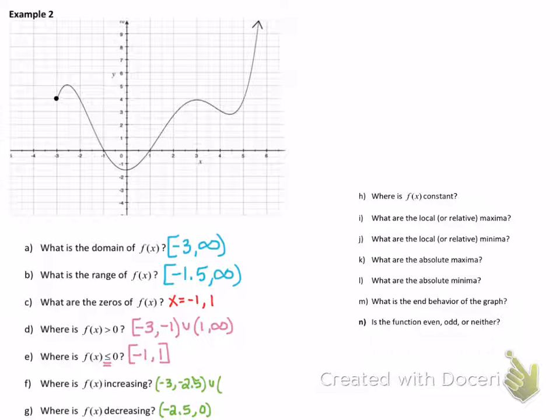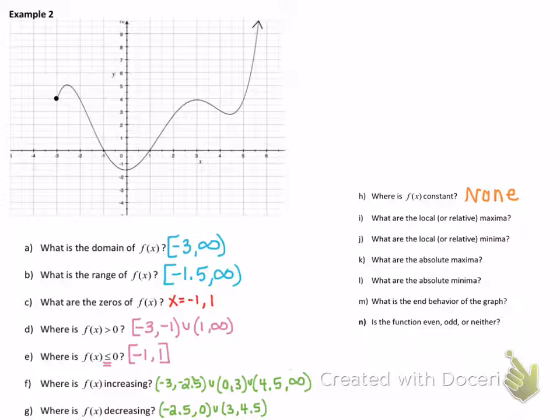Then it starts increasing again from 0 to 3, decreasing from 3 to 4.5, and then from 4.5 to infinity, it finishes increasing. And again, you can put the little union signs in between if you'd like. The fact that I was able to list every single interval of this graph as increasing or decreasing means there aren't any constant places on this graph. There's no horizontal line, so we're good there.